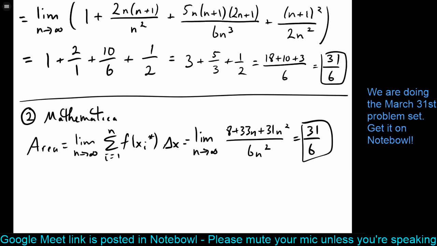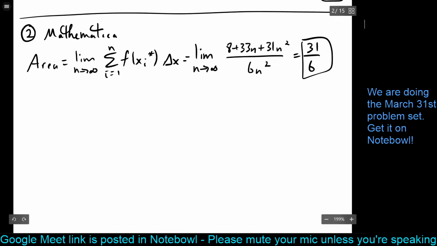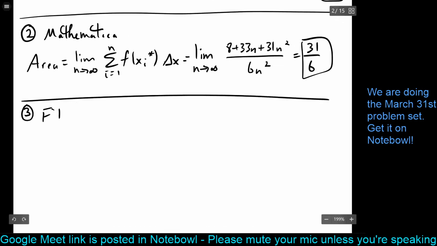All right. Now, the last way I wanted to do this problem is the whole focus of the fundamental theorem of calculus. So I'm just going to write FTOC for fundamental theorem of calculus. And this is going to make life a lot easier. That's the goal of this theorem.